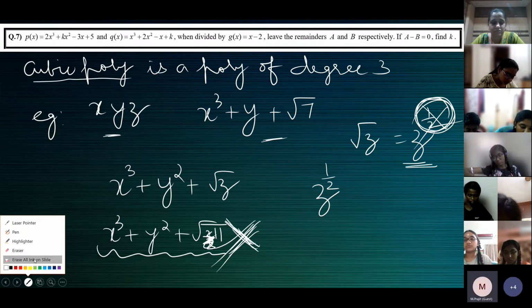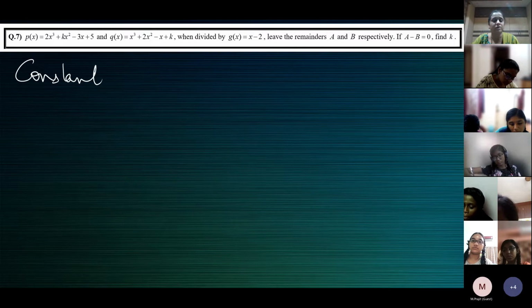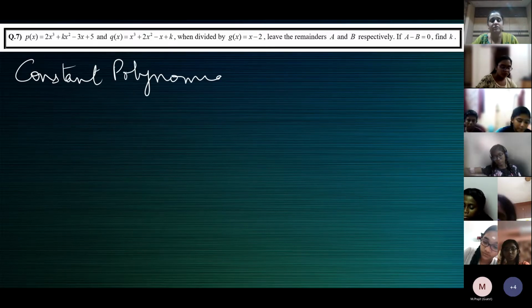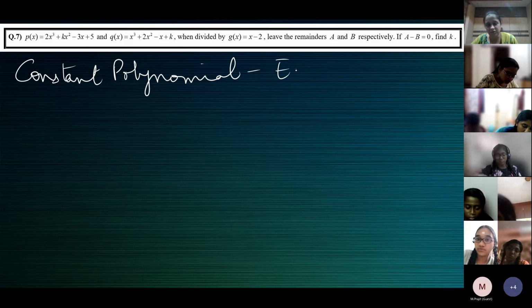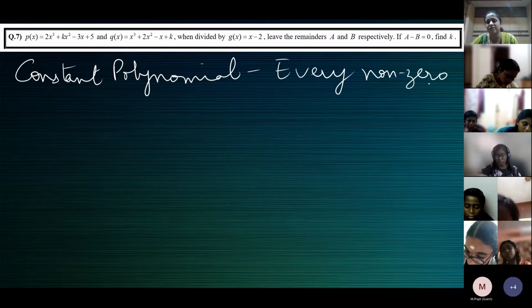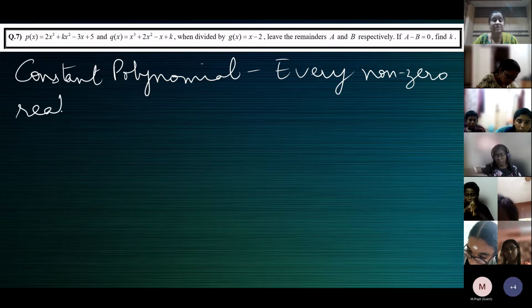Now next is a constant polynomial. Every non-zero, that means other than zero, every non-zero real number, that means a number that exists.